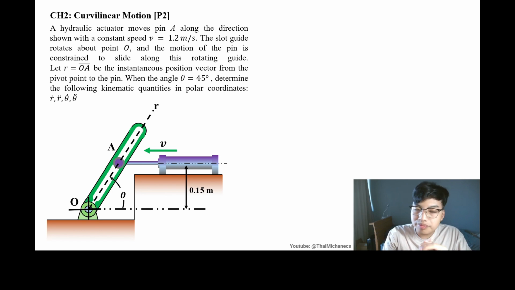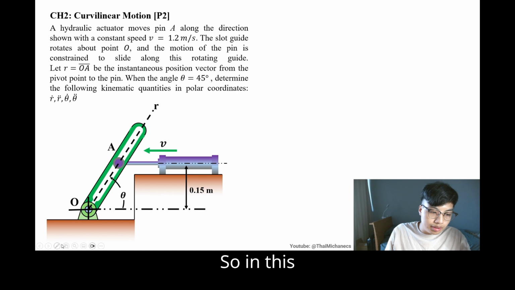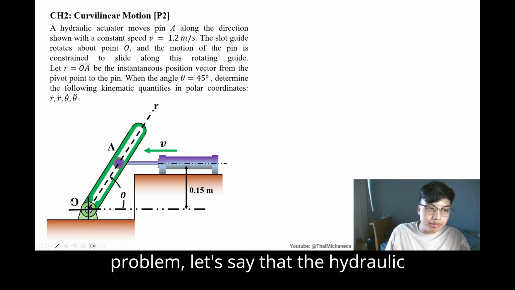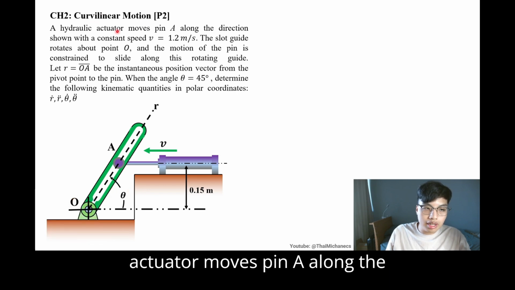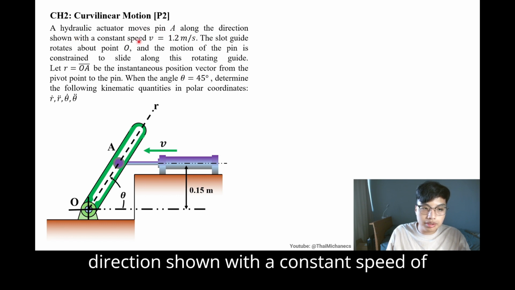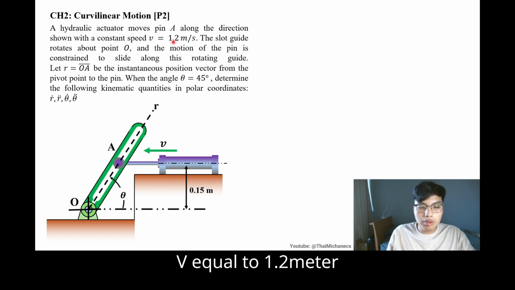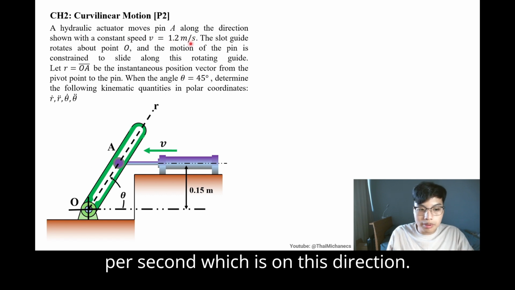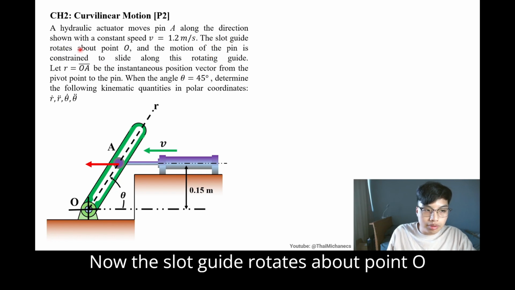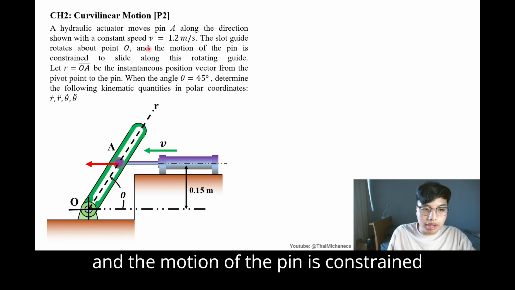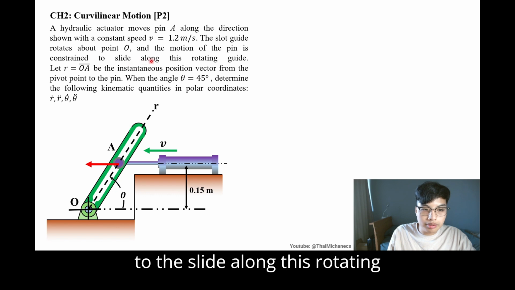In this problem, they said that the hydraulic actuator moves pin A along the direction shown with a constant speed of v equal to 1.2 meters per second. Now the slot guide rotates about point O, and the motion of the pin is constrained to slide along this rotating guide.